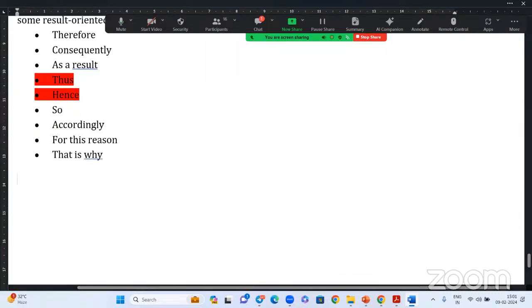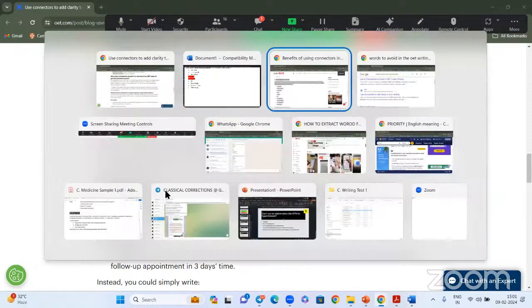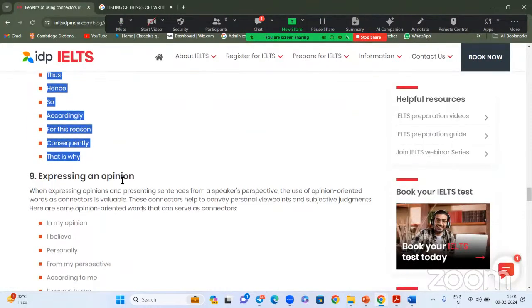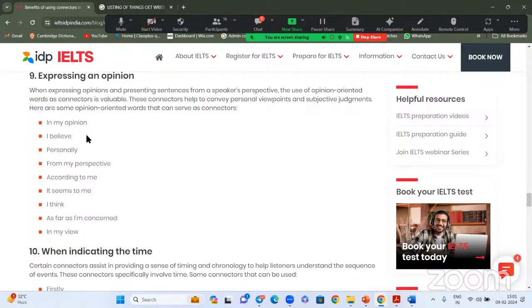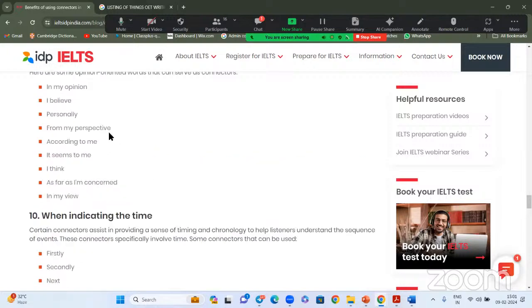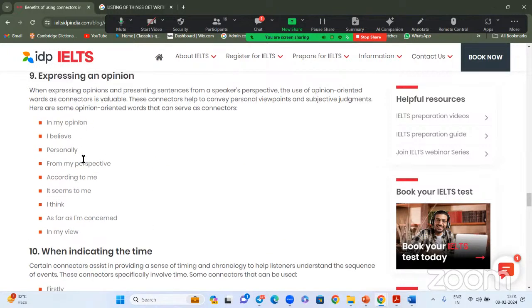And the last one is expressing an opinion. These are not that important in OET writing. I believe personally, in my opinion, from my perspective, all these are not very good.